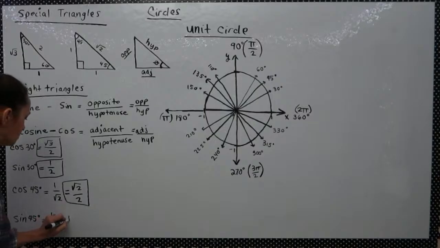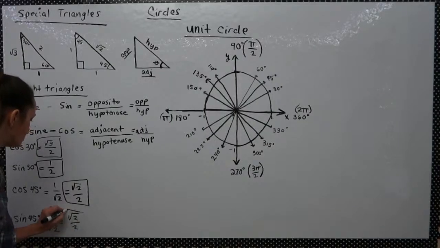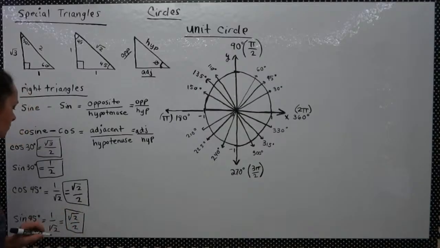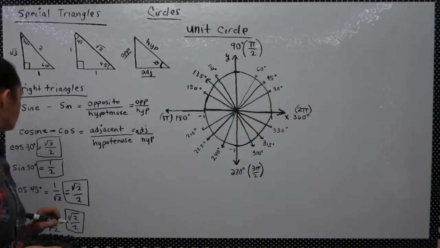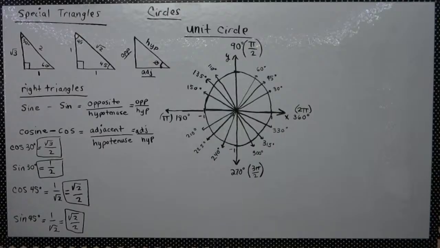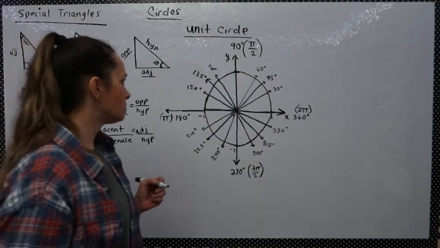And that is also going to reduce down to radical 2 over 2. Just rationalizing the denominator, removing the radical from it. Not changing the value, just making it a little bit more user-friendly. All right, so we have 45 degrees.